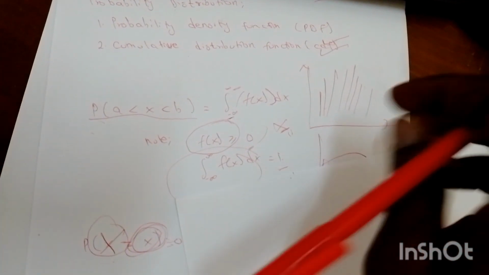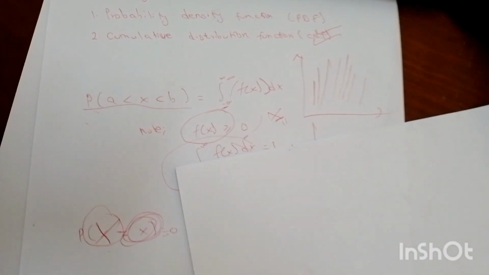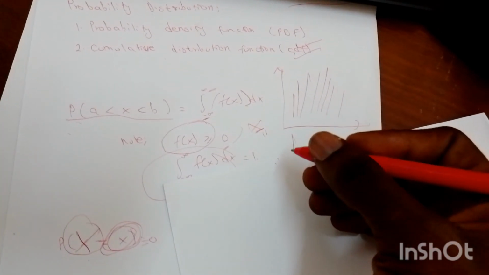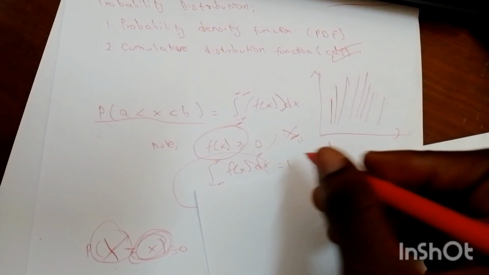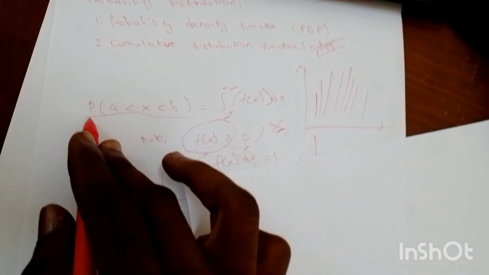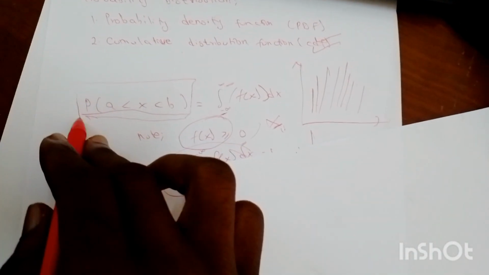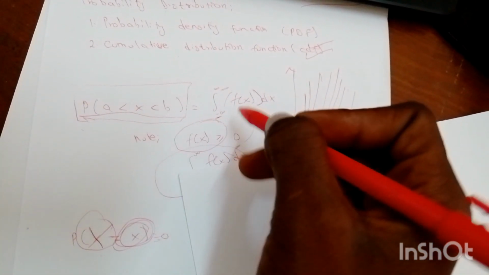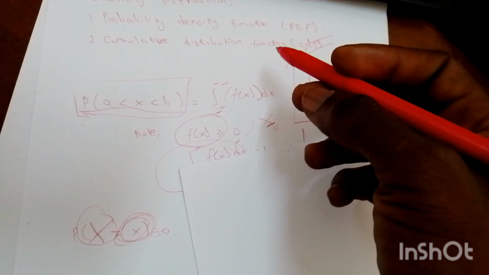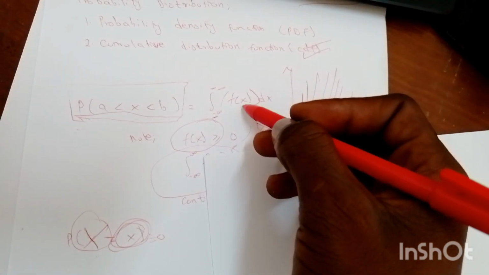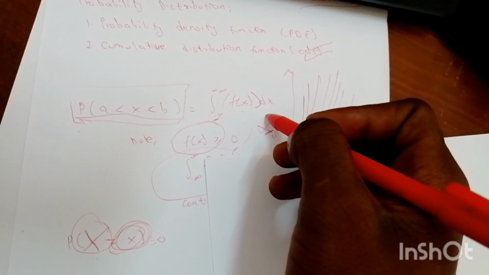The next thing is to note some of the rules to take note of when you are dealing with probability distribution functions. If you define any probability within any two ranges, then you can express that as the integral of f of x dx.